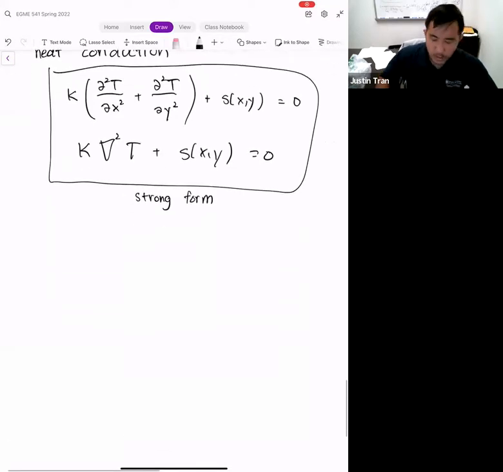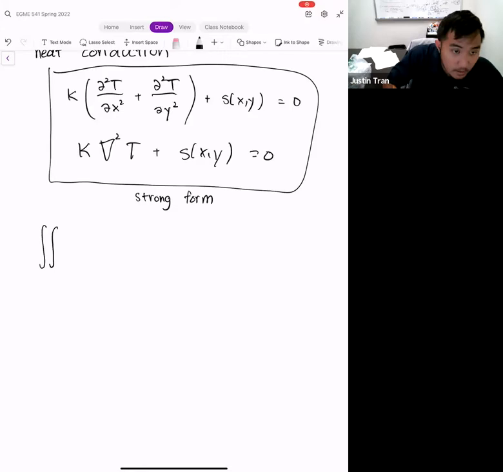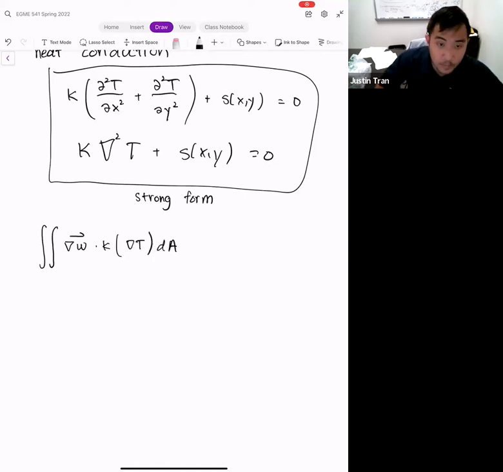Then, of course, the general progression is that we take our strong form, multiply by our weighting function, and we get the weak form. The weak form for 2D heat conduction has the following form. We have the double integral of the gradient of W times K gradient of T dA is equal to minus the line integral around the boundary of W times the Q vector.